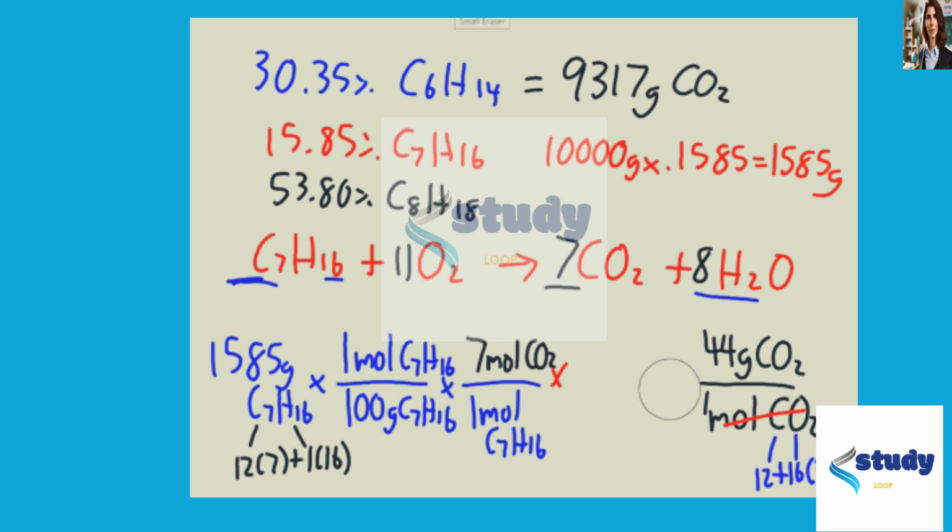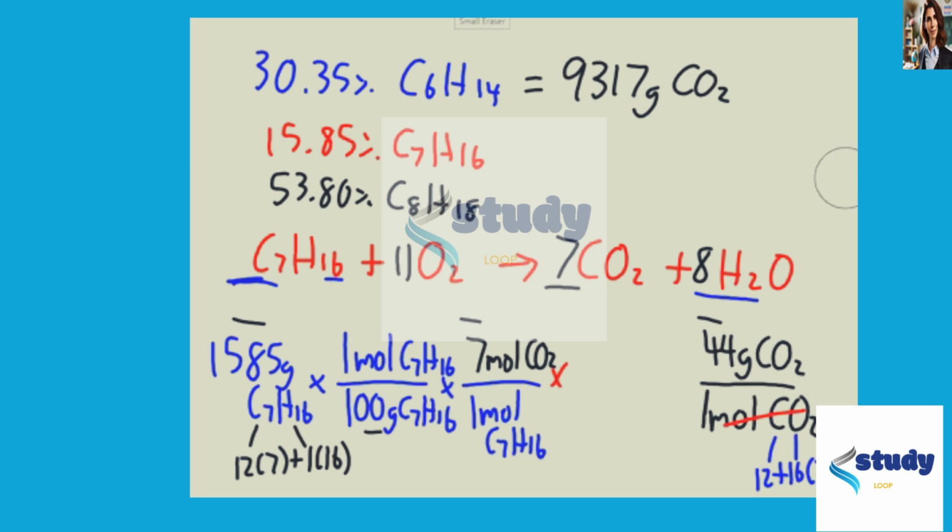And then we'll close off with the same thing as before because the molar mass of carbon dioxide does not change. When we take 1,585 times 7 times 44 and divide it by 100, we will find that the heptane component will produce 4,882 grams of carbon dioxide.